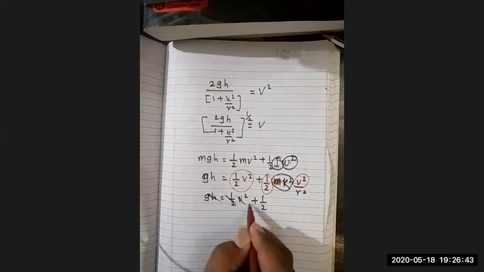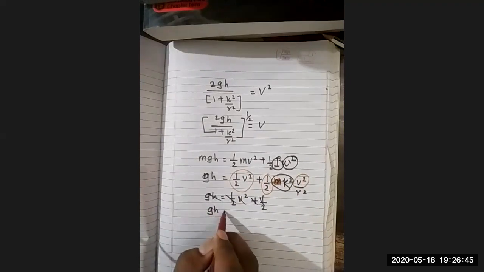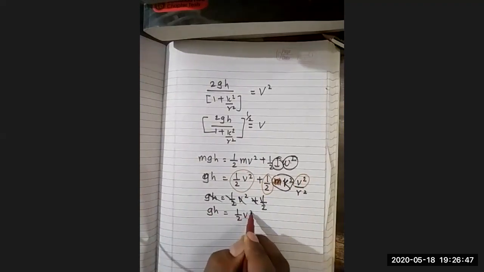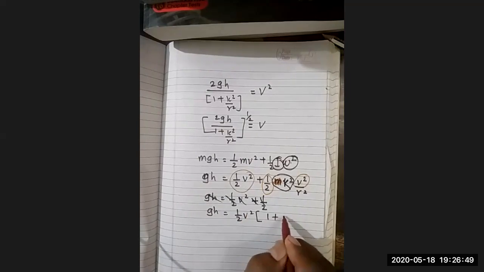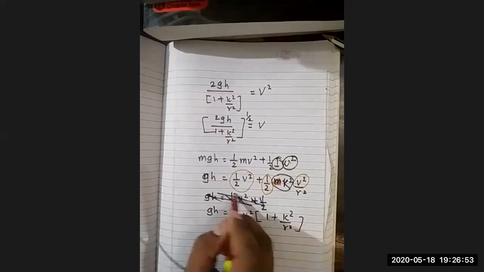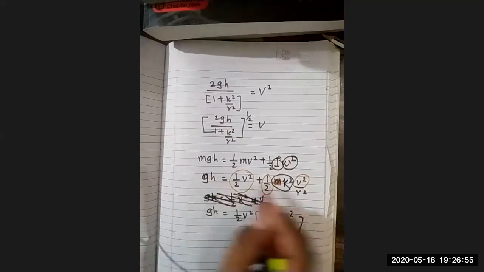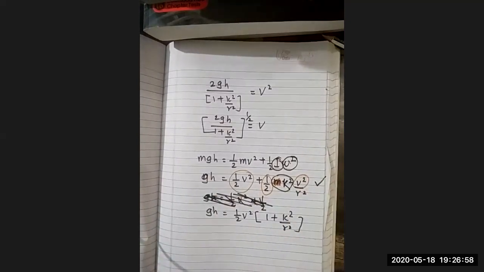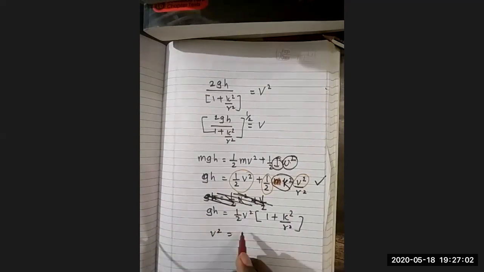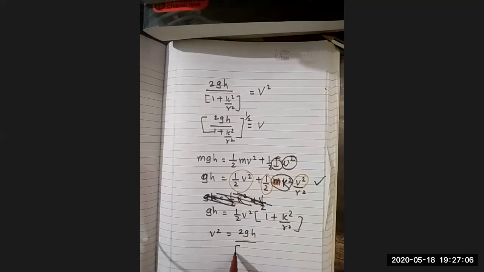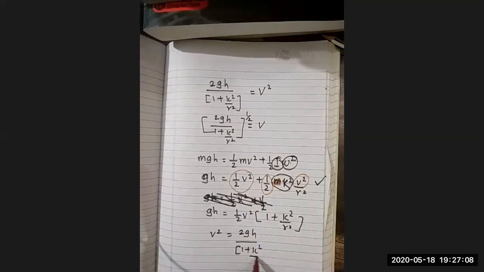Instead of this gh, I'm going to write again 1 by 2 v square, you can take common, so in the bracket 1 plus k square upon r square will remain. So within a single term only you got the final equation. So that is the easy way. You will get v square, 2 will go to this side, and this bracket will get divided to gh, that is equal to 1 plus k square upon r square. So this is the situation here we have.